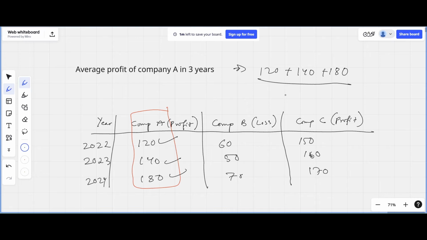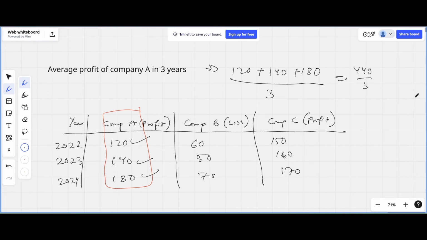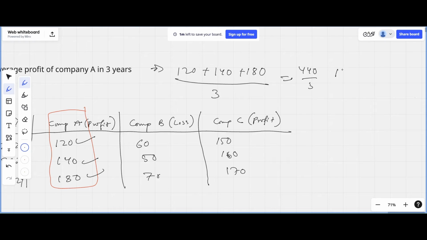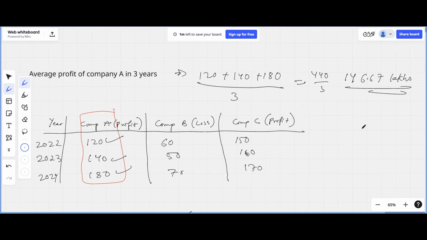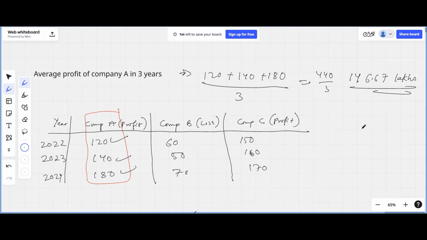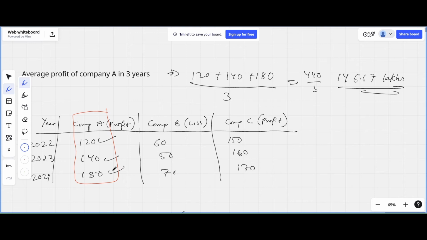So the answer will be 440 divided by 3, which is around 146.67 lakhs. Do you get it? So easy, right? Average profit of company A in 3 years: you just add those three profits and divide by the number of years, and you'll get your average profit.